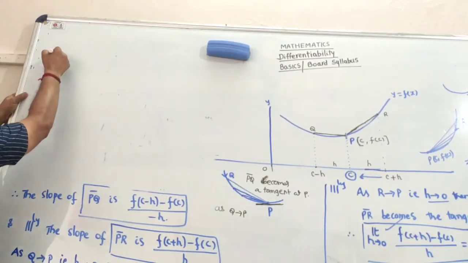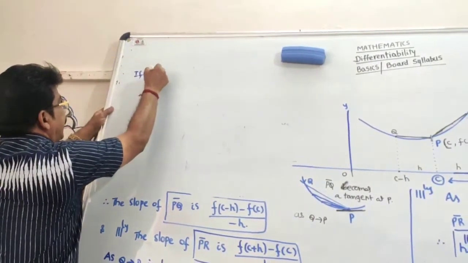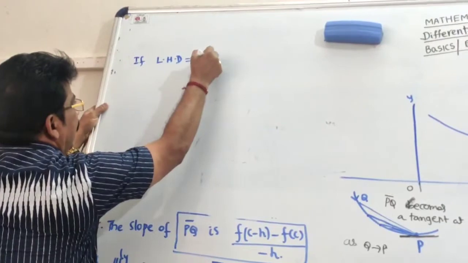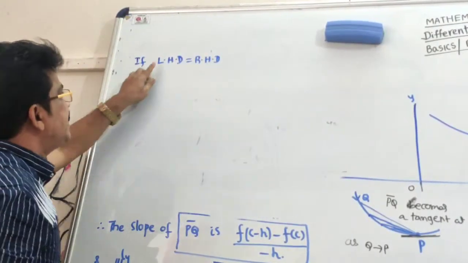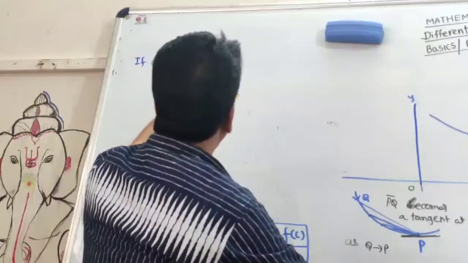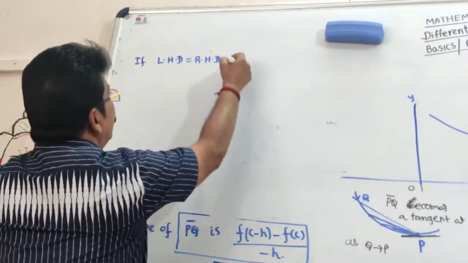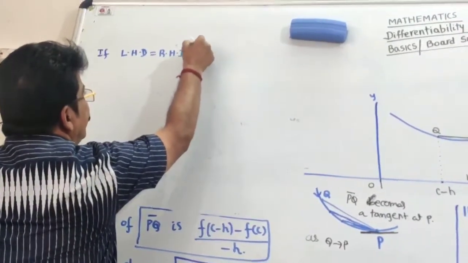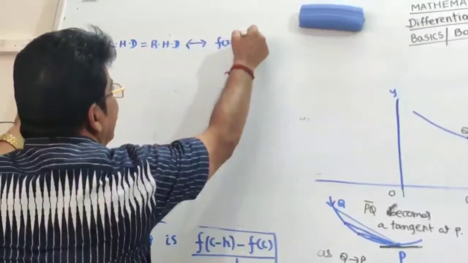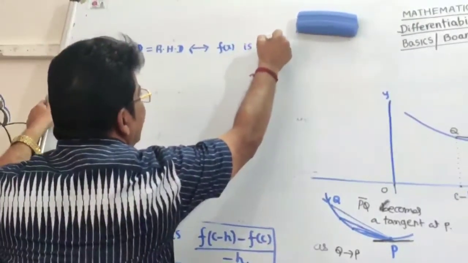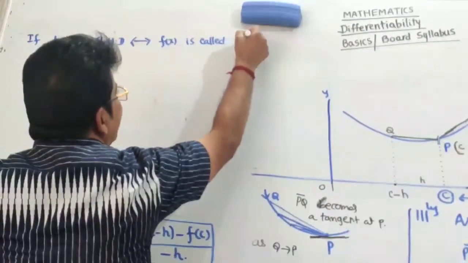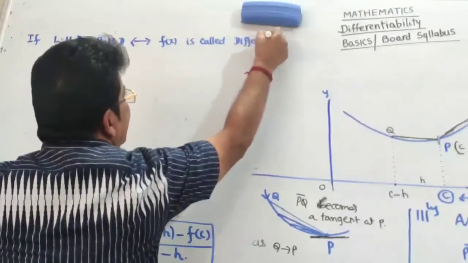So, if LHD is equal to RHD, meaning left hand derivative is equal to right hand derivative, then that implies y is equal to f of x is called a differentiable function.